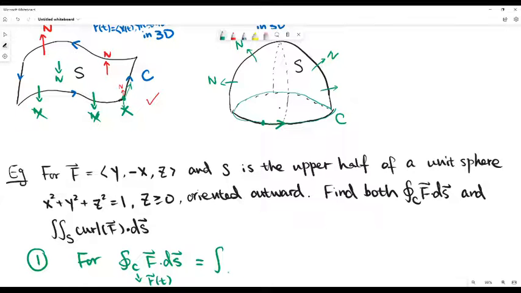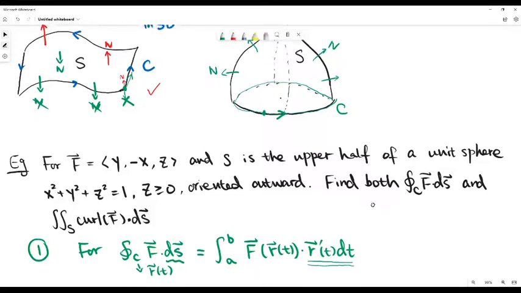Once we know t is from a to b, then we can turn this line integral into a single integral about t. Right? So in this line integral notation, my dr is that tiny little part of the curve, which is this tangent vector of the curve.